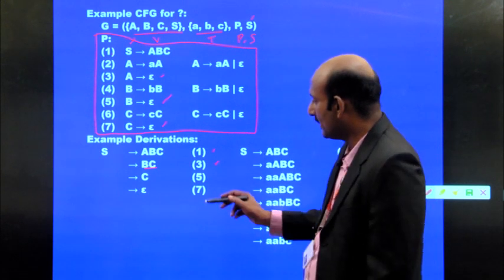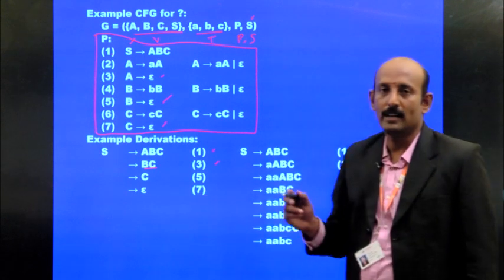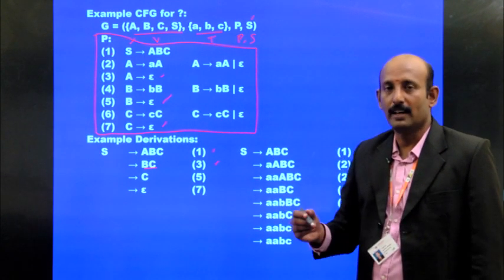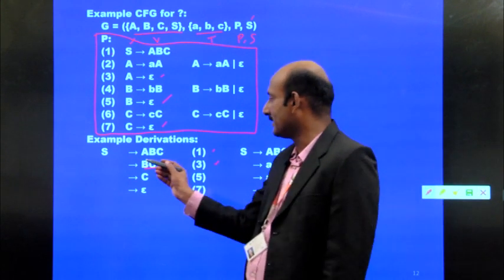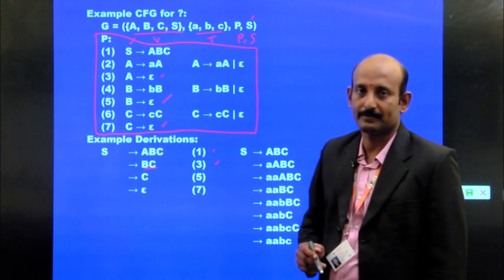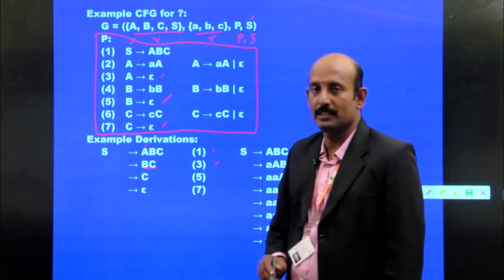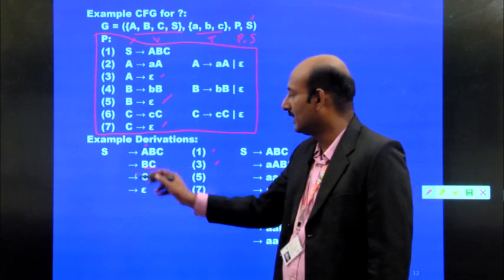What we have to understand is that we replace only one non-terminal at a step. In every step you replace only one non-terminal. We cannot replace all the non-terminals with epsilon at once. So, in the first step A is reduced to epsilon, so we get BC.